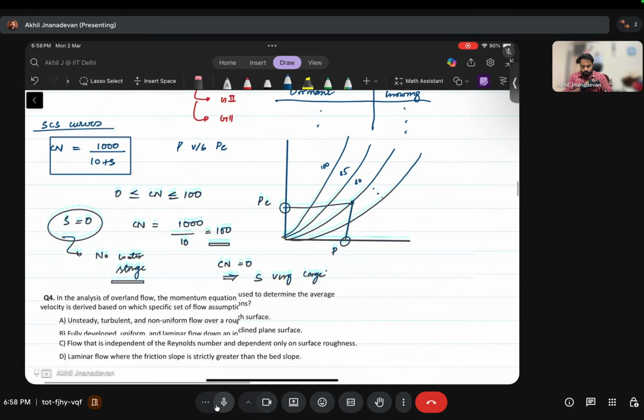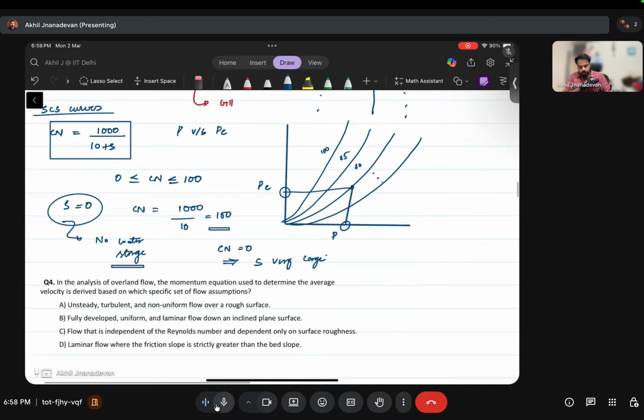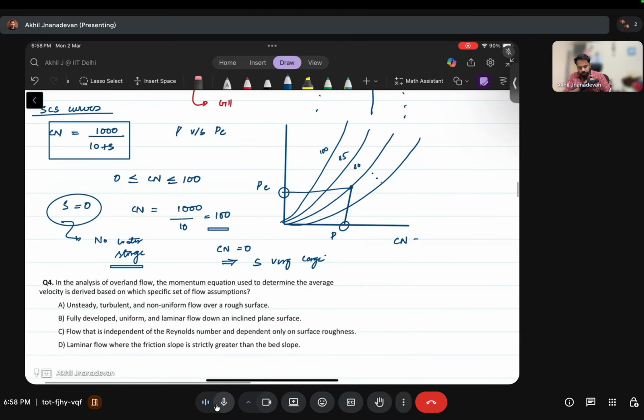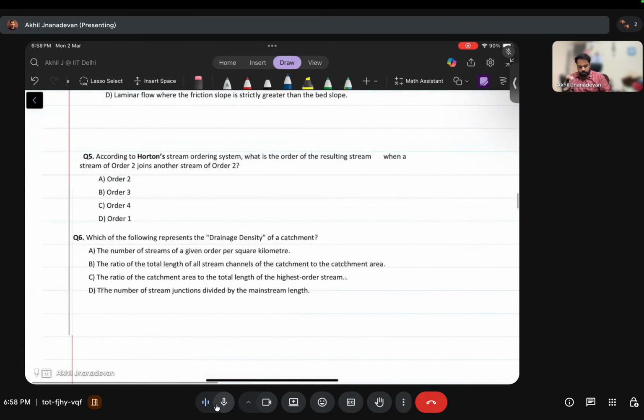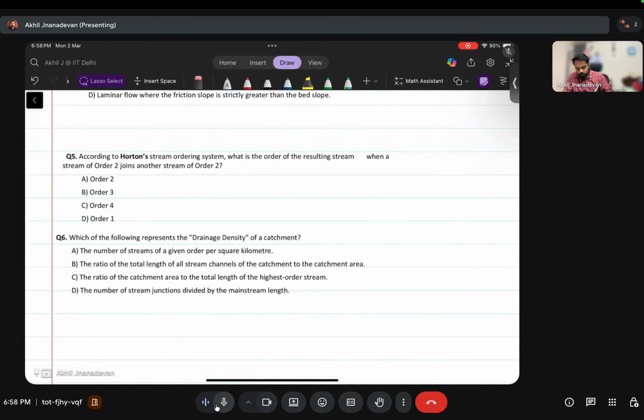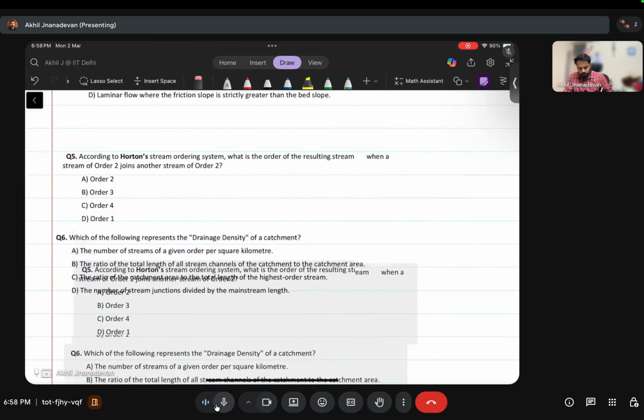So for an impermeable surface, CN is equal to 100, and for any other natural surface, CN will be less than 100. So it will lie between 0 and 100. Okay, so we can move on to the next question.